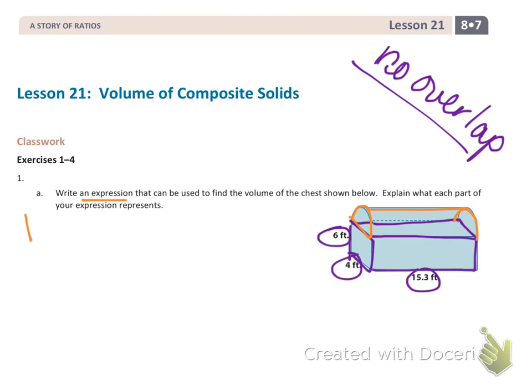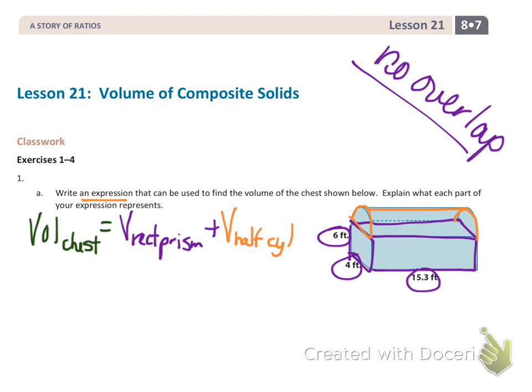So the volume of our chest is equal to, we'll go color coded here, the volume of the rectangular prism plus the volume of the half cylinder.